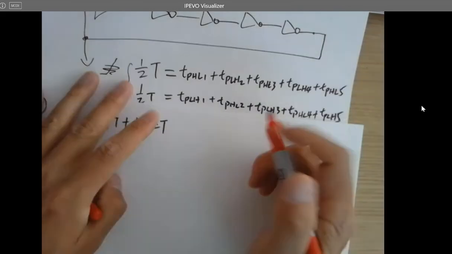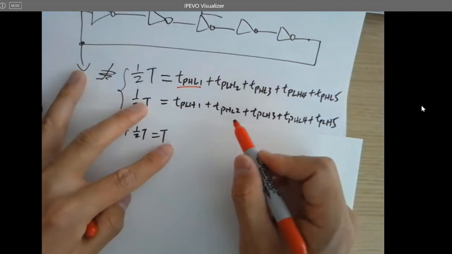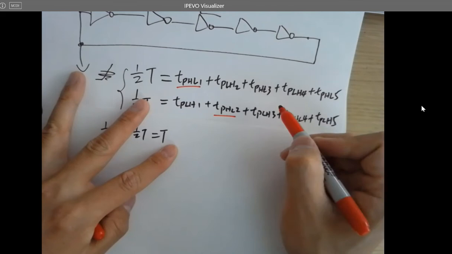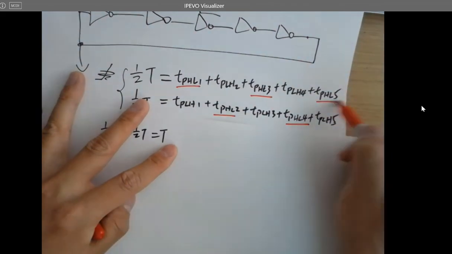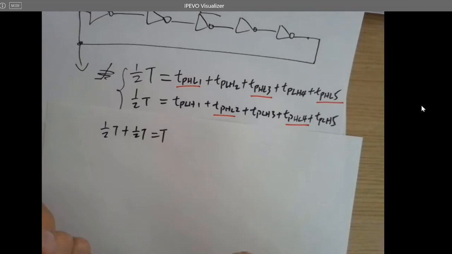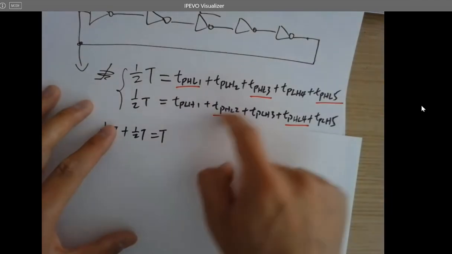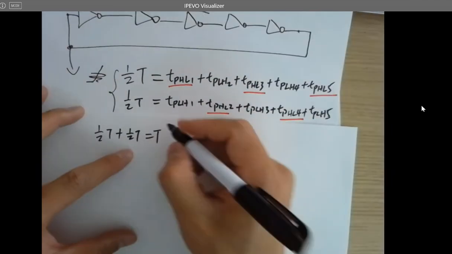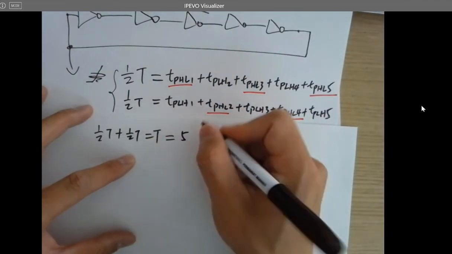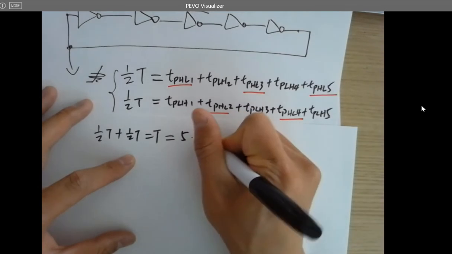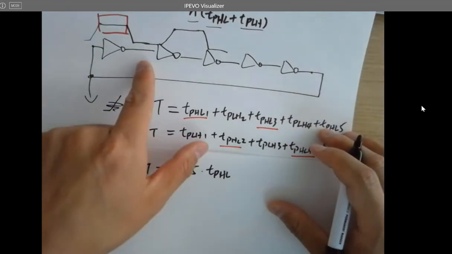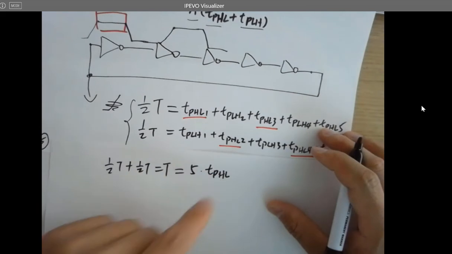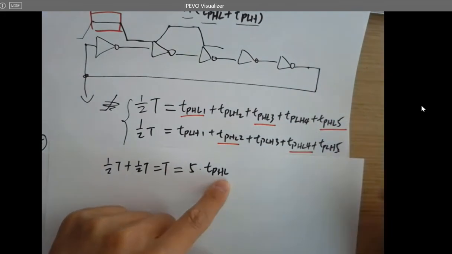How many HLs do you have? 1, 2, 3, 4, 5, assuming all these inverters are equivalent. So they're all TPHLs.